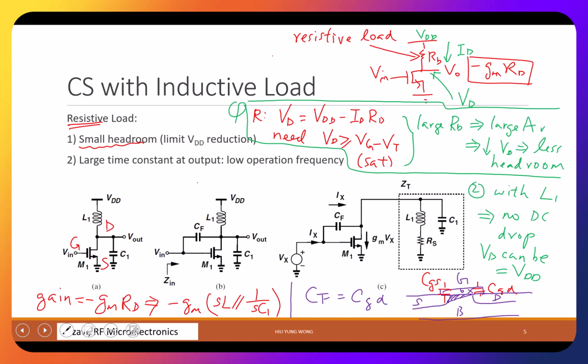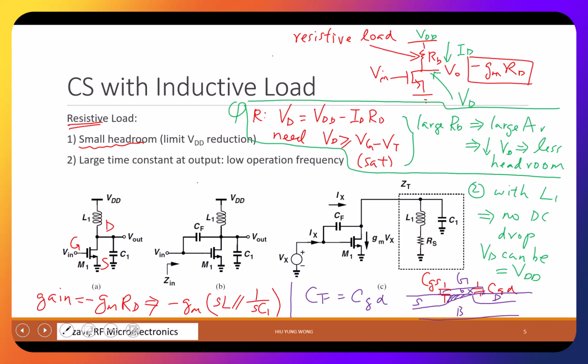Similarly, at this stage, we further expand the inductor to be a more realistic one. We add a series resistance to it. This is very small, but you will see that it has an effect later. And that is what you also need to do when you calculate the gain in your project. You need to include this resistor.